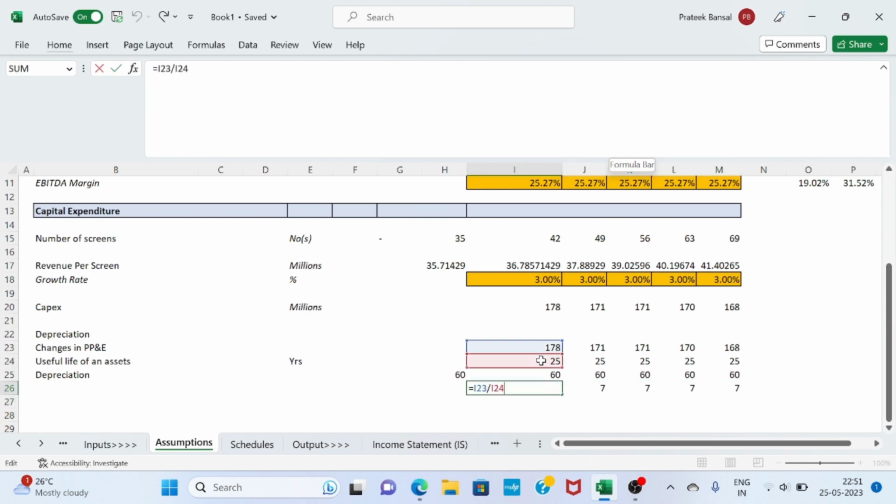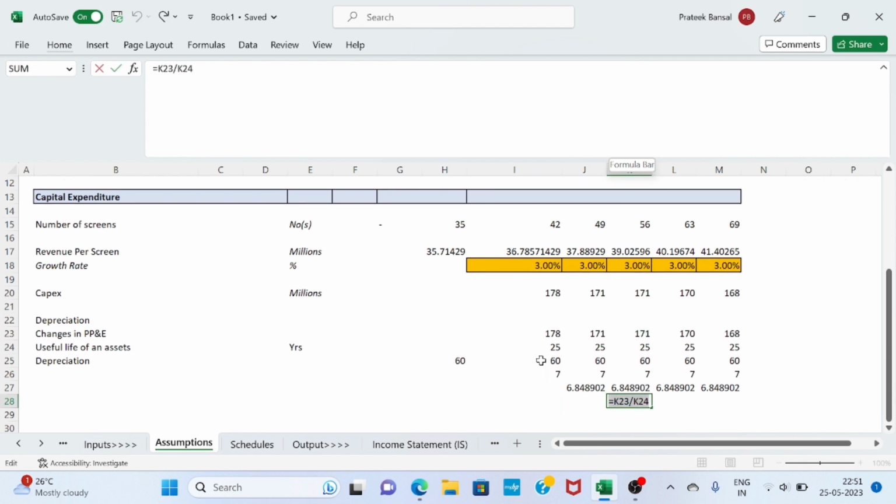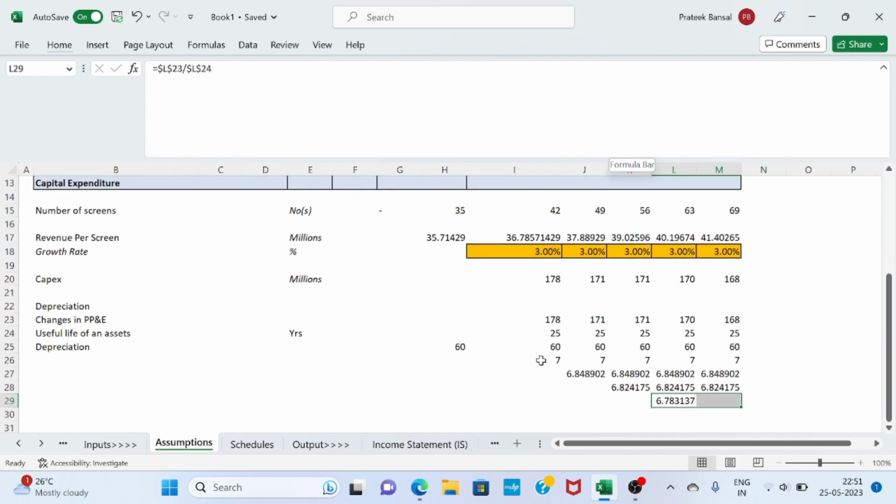In the same way, we should fix this figure. We can charge depreciation on this amount. In the same way, we can charge depreciation on this, and the same way on this, and the same way on this.